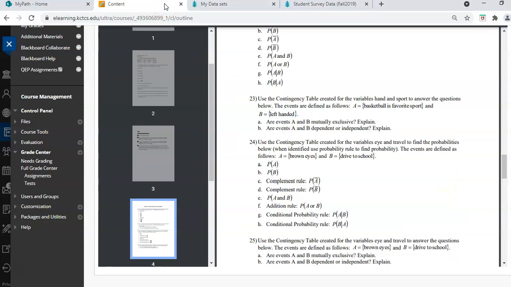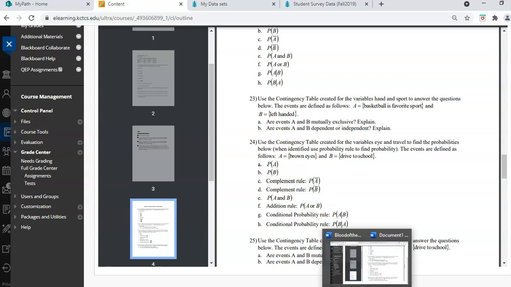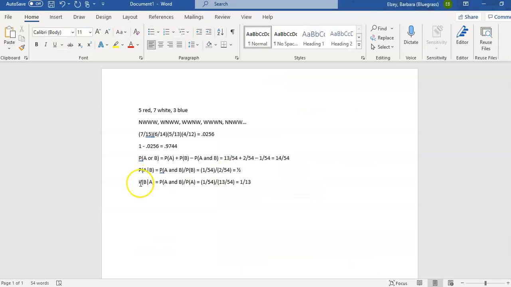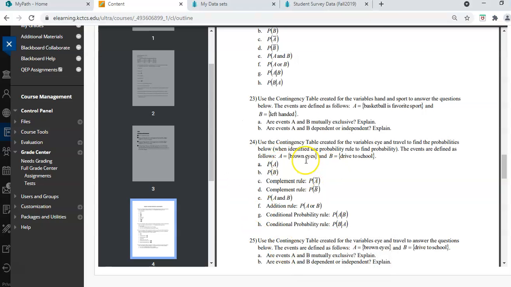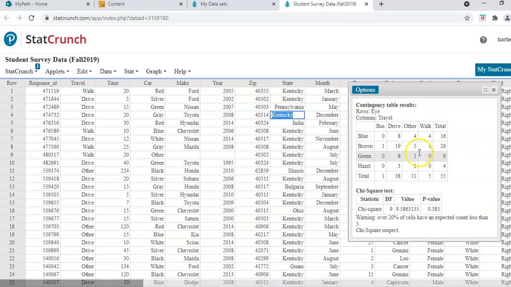And then probability of A or B, we're back to that formula. Now, I had written that formula out on the page, so let's use that on the page, but we'll fill in this formula right here with the information from this one. So we need the probability of A. I believe A was our brown eyes. Yeah, so the probability of the brown eyes was 26 out of 55.